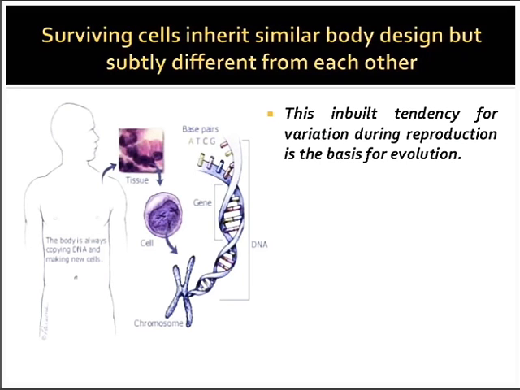This variation, or you can say this occurring error, is one of the inbuilt tendencies of the doubling of the chromosomes.